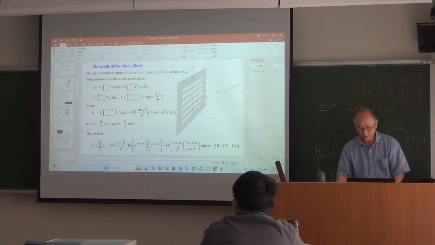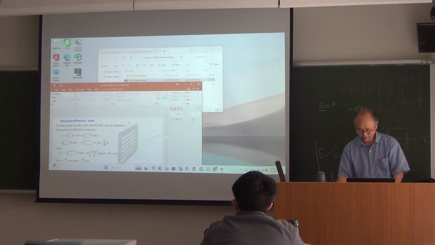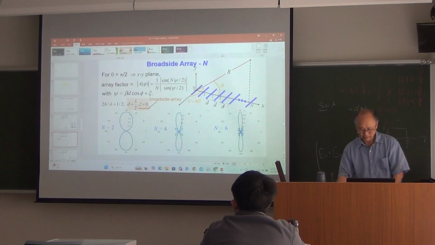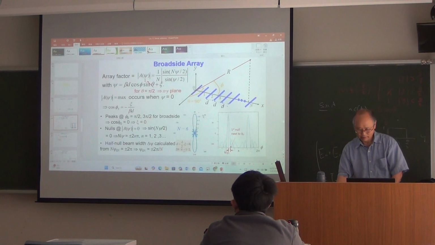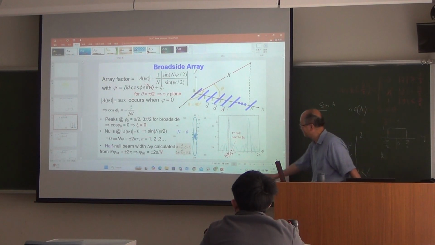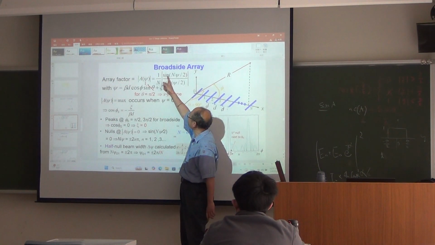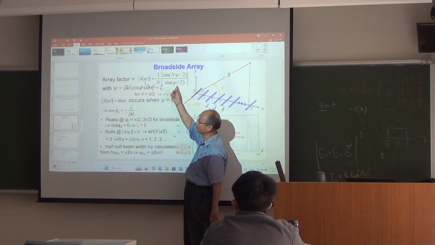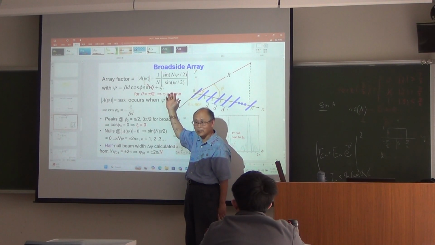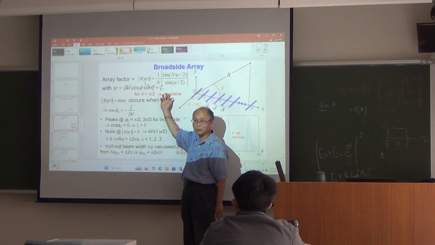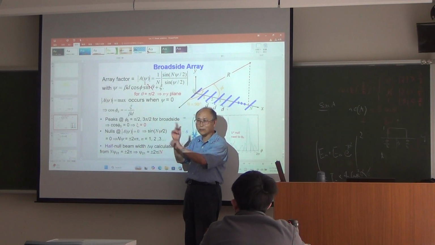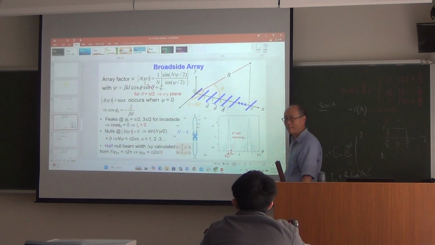Let's go back to the antenna. Right here. Sine n phi over sine phi. Right? This is the array factor from the interference of all the antennas.